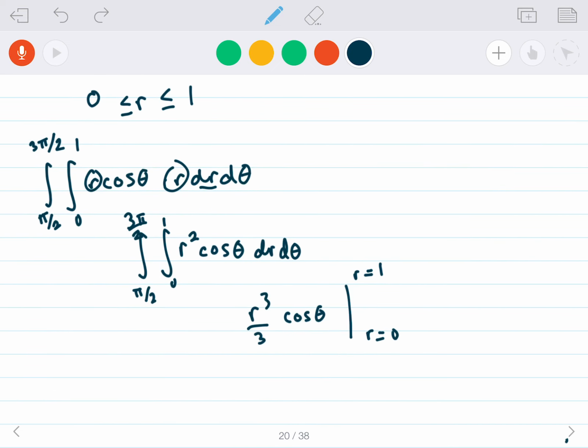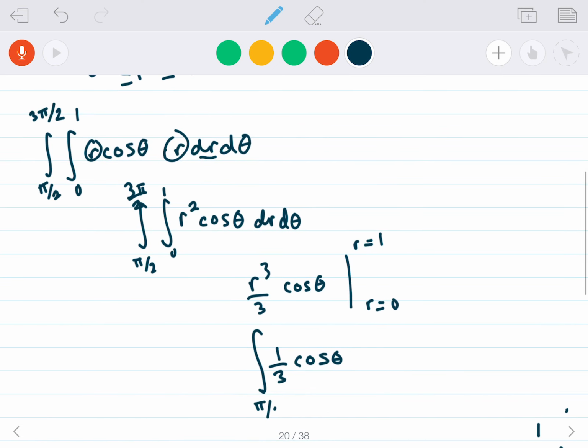Plugging in 1 for r, I get a third cosine theta, minus plug in 0 for r, and I get minus 0. So now I have this, and I'm integrating it from pi over 2 to 3 pi over 2 with respect to theta.